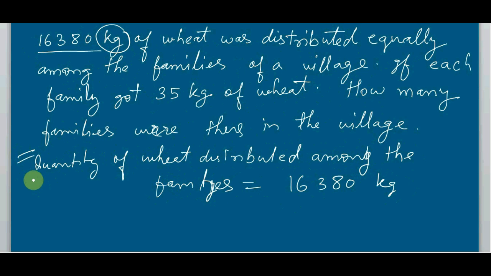This is the first statement. How I started: quantity of wheat distributed among the families. You can also write of the village here, to make it more meaningful. So you can also write this statement in another way, total quantity of wheat.